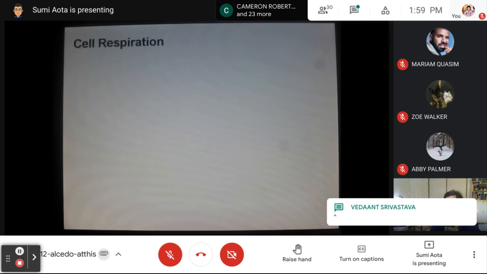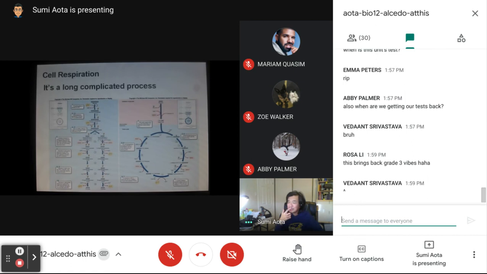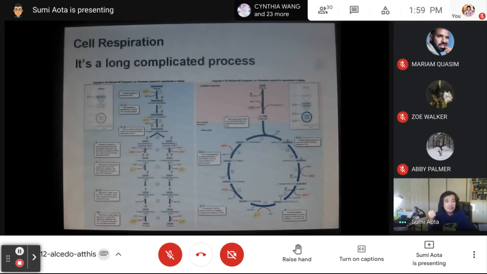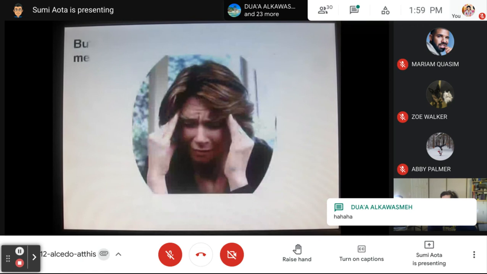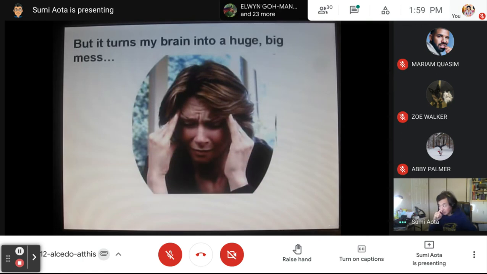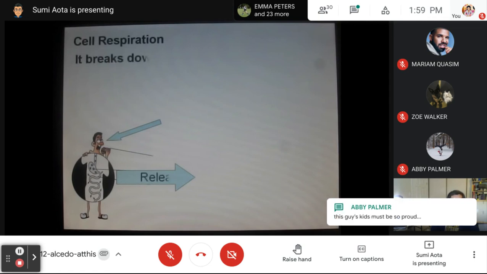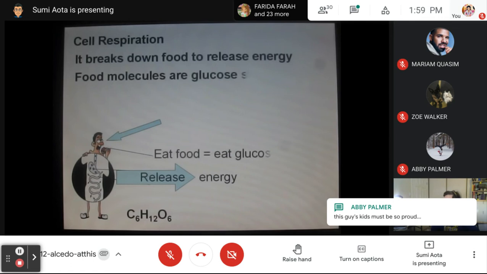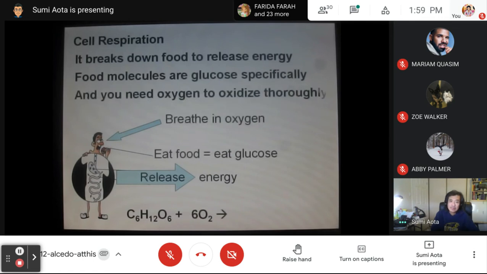Cell respiration. It's a long, complicated process that I need to know for a biotest, but it turns my brain into a huge big mess. Cell respiration. It breaks down food to release energy. Food molecules are glucose specifically. You need oxygen to oxidize thoroughly.